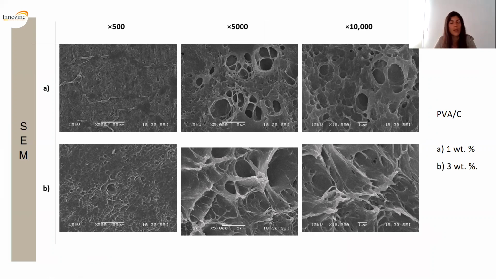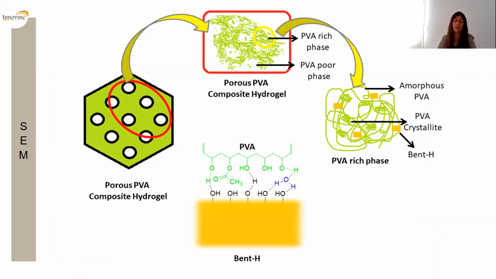So we explored some of the factors that usually affect composite hydrogel morphology, and we proposed this model that is already reported in some papers, in which we established the way in which the pores are formed in the composite PVA hydrogel. So we have the PVA-rich and poor phases, we have amorphous and crystallized PVA, and the most important thing is that we can have some hydrogen bonding interaction between the filler and the PVA chain.